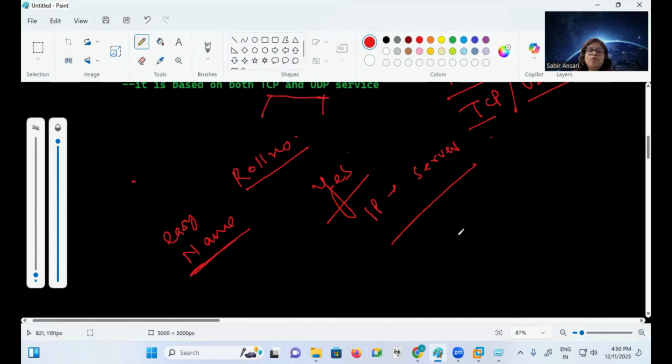Answer is yes. We can access the internet without DNS server. तो करना क्या पड़ेगा? आपको याद रखना पड़ेगा what is the address of the host. So everyone, you understood? Now the question, आप बताओ, if there is no DNS server in the network, what will happen? Forcefully, I have to remember the IP address.